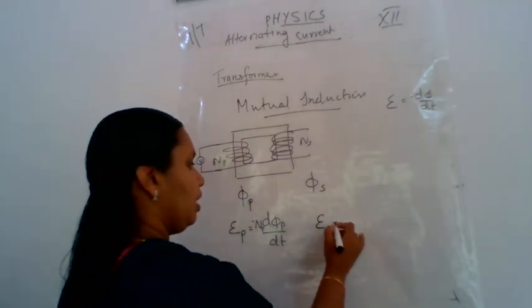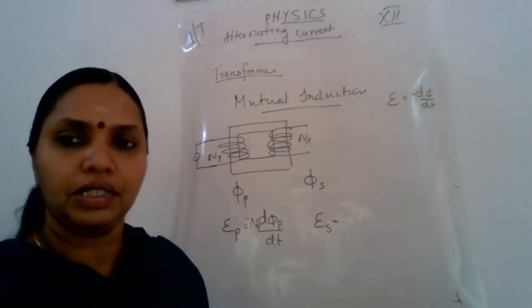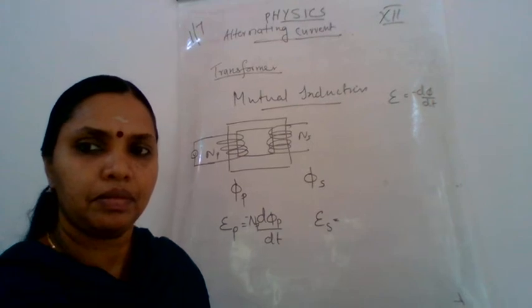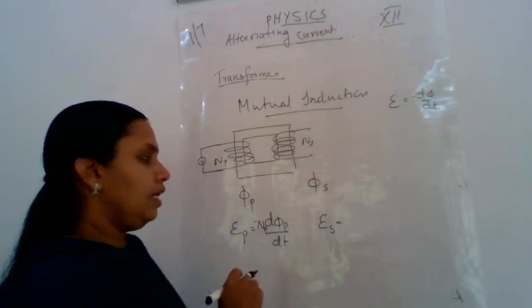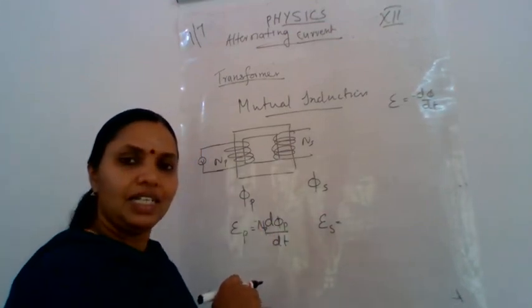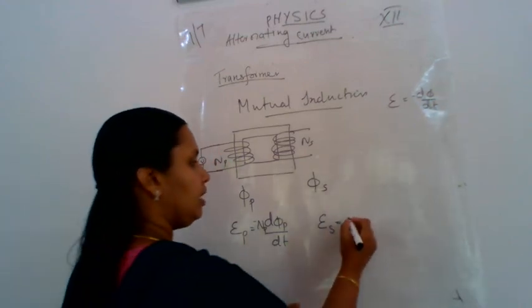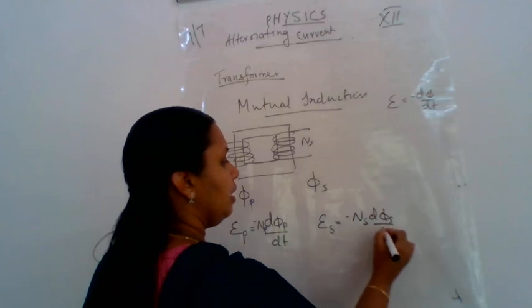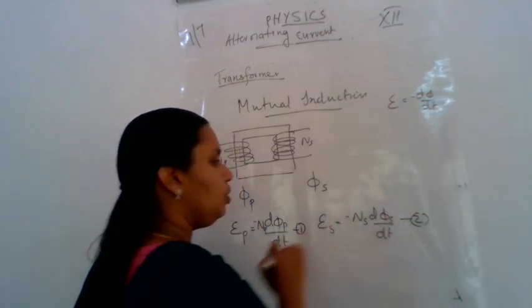ES, the EMF induced in the secondary, is equal to minus NS d phi s by dt. Take this as equation 1 and this as equation 2.